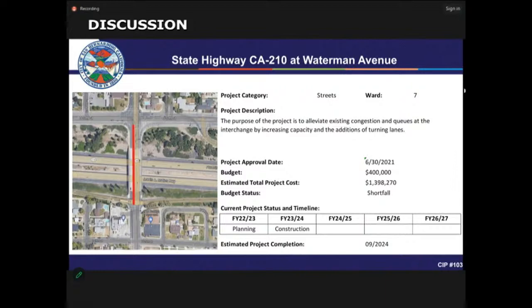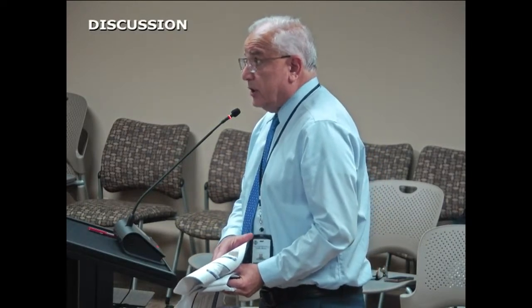The budget for this one is $400,000. The estimated total project cost is $1.398 million, but we're working with finance. Close to $998,000 needs to be appropriated for this one. After this presentation or next week, we will not have a shortfall on this project anymore.